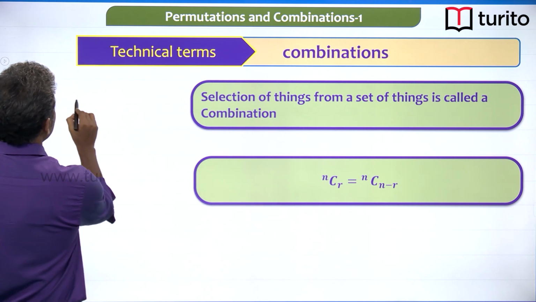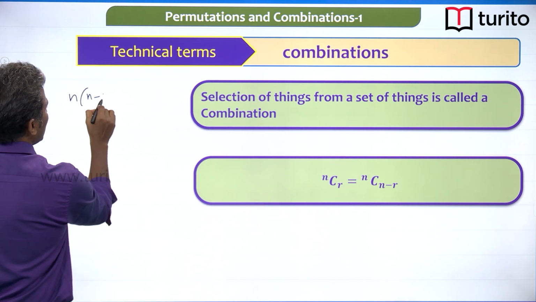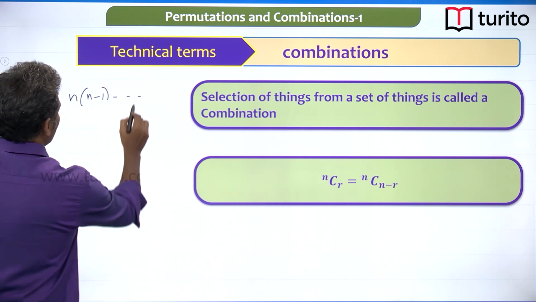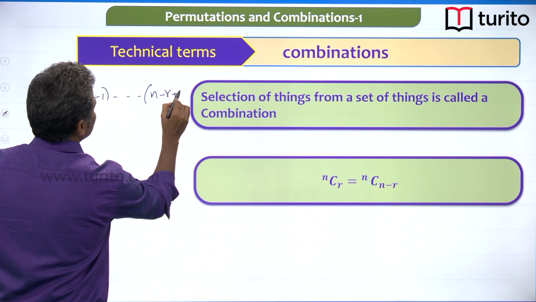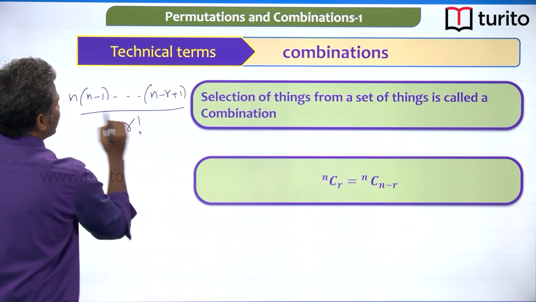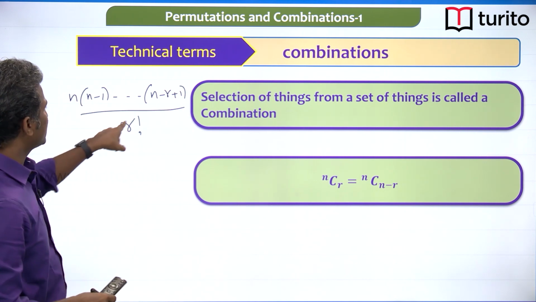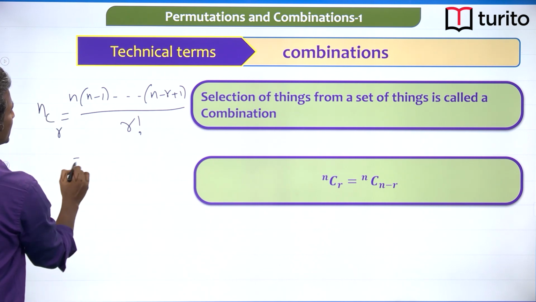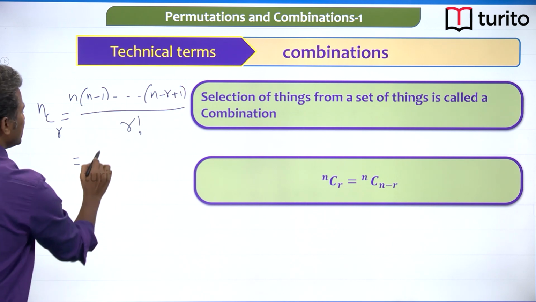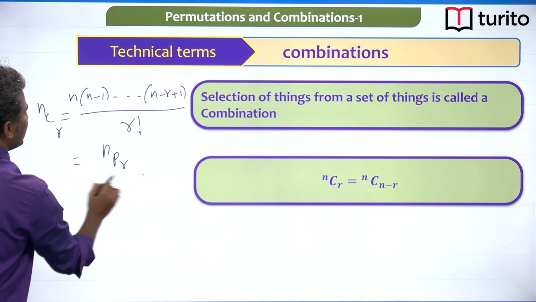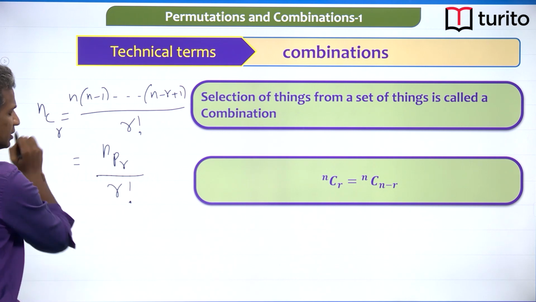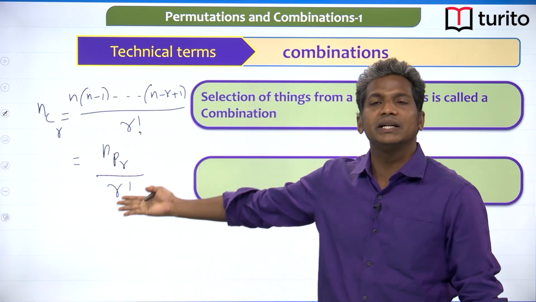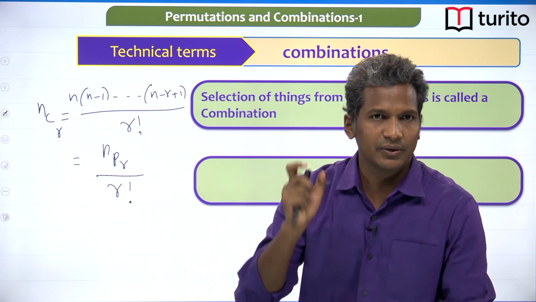Definition of NCR is basically starting from n, then n minus 1, take R numbers and then divide this with R factorial. So it becomes NCR, okay. So here you can also understand that the numerator is nothing but NPR and we divided that with R factorial to get NCR. So I have also proved one algebraic identity here using simple logic, okay.